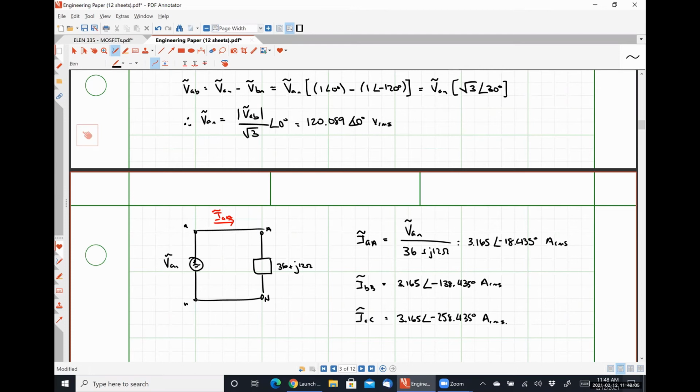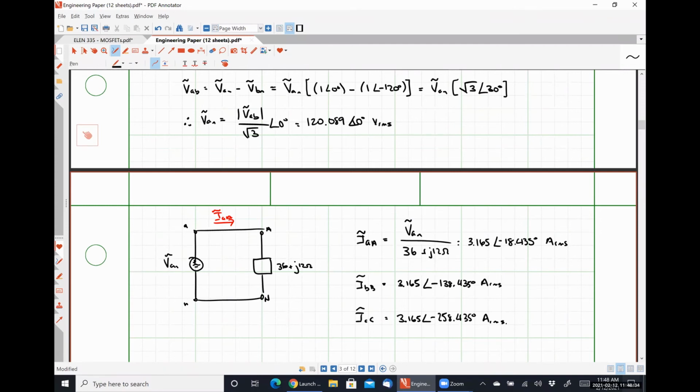The way that I prefer to do it is by introducing transformations so that we can make a delta connected source look like a Y connected source, and we could make a delta connected load look like a Y connected load, so that we can convert any of the 4 different permutations to a YY circuit, which we can analyze using this joke of a single phase equivalent circuit and get everything we need extraordinarily easily.